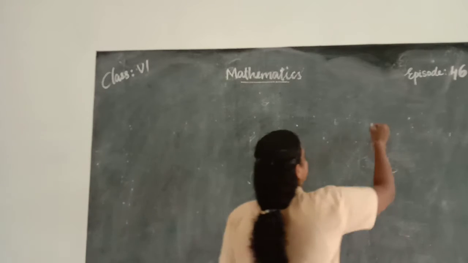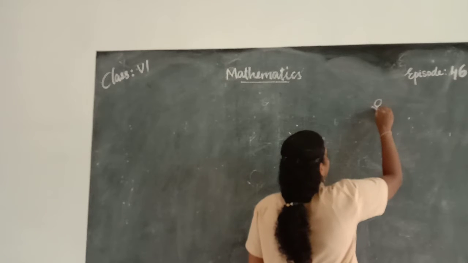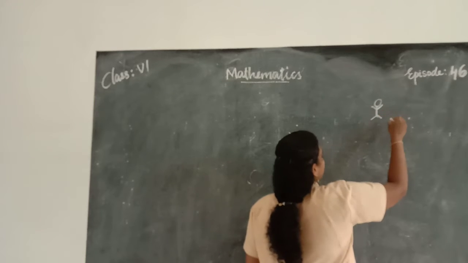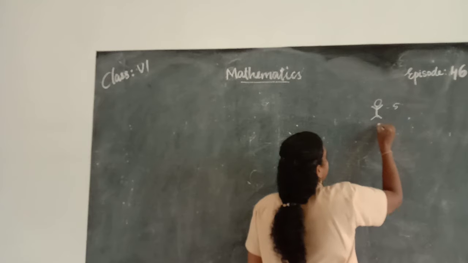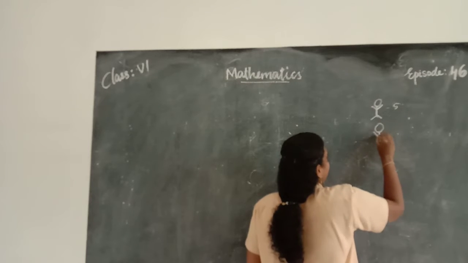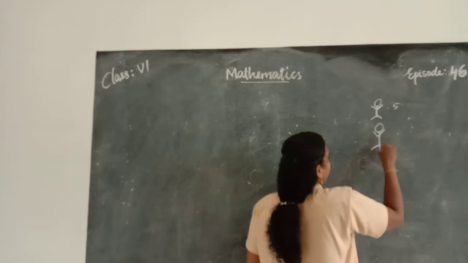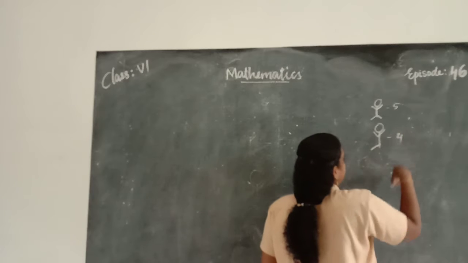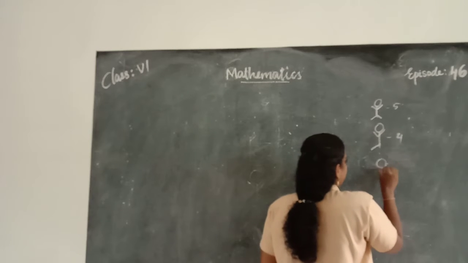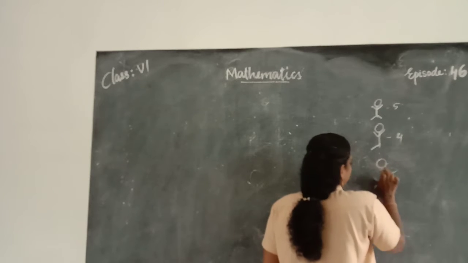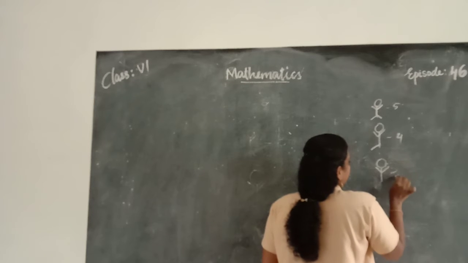So to represent 5, we draw the figure like this. For representing 4, we remove 1 leg of the figure. Then for 3, we remove the 2 legs.